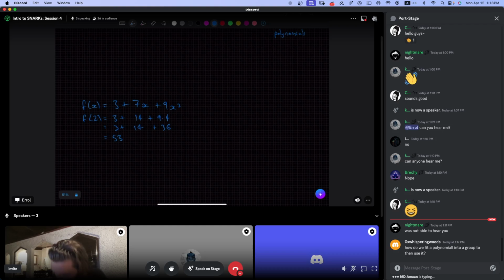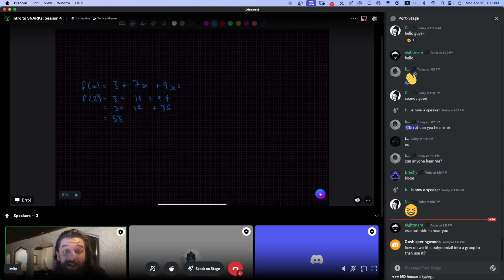And instead of using this as a number, we can instead evaluate it with our elliptic curve. So we don't get out 53, we'll get out 53g, where g is on our elliptic curve. 53g is in a group, the elliptic curve group that we discussed in the past couple of sessions.